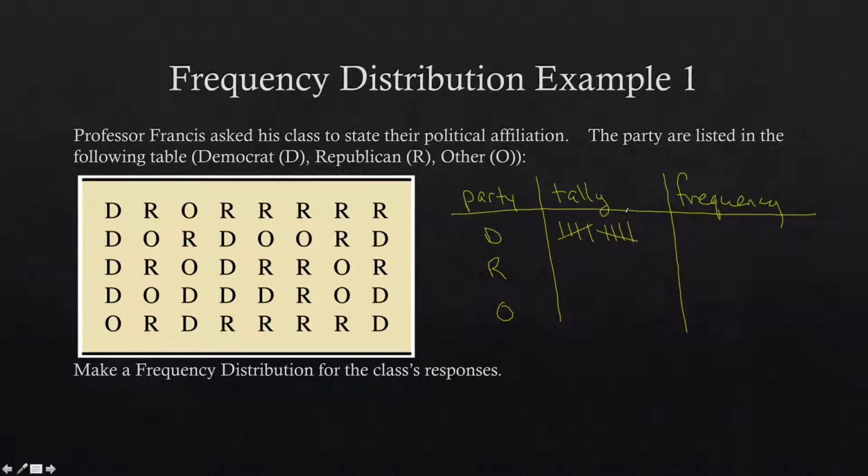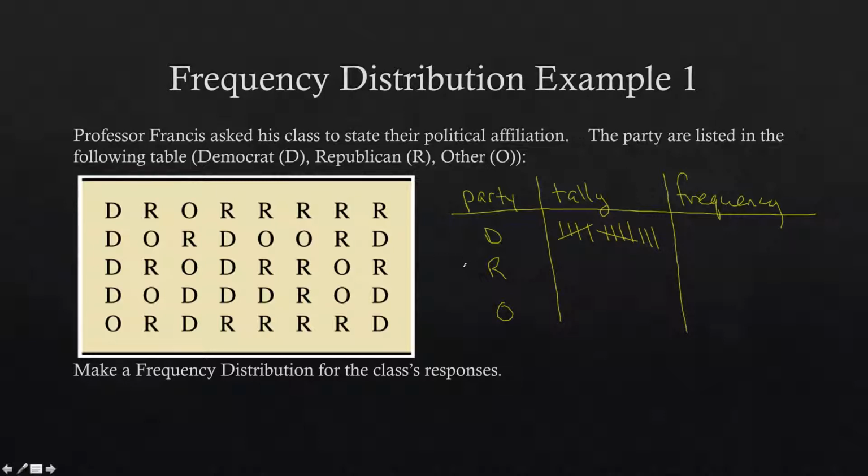And in the last row, there are 2. Let's make sure I didn't miscount any here. 1, 2, 3, 4, 5, 6, 7, 8, 9, 10, 11, 12, 13. I did. I miscounted one. Always double check as you're making tally marks like that. You can miscount. So there are 13 Democrats.